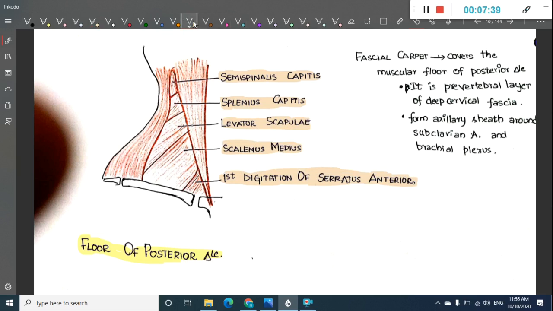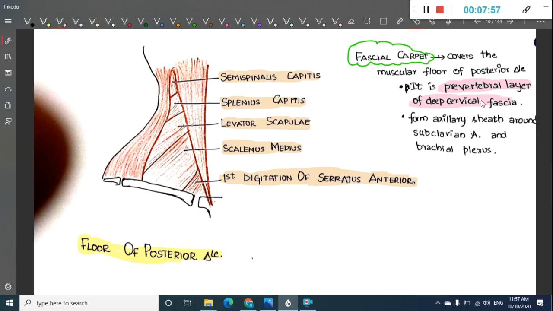We have something called the fascial carpet here. What is this fascial carpet? It covers the muscular floor, and it is mainly made up of the prevertebral layer of deep cervical fascia.